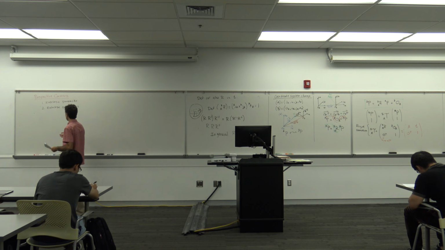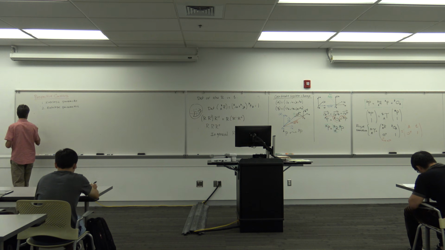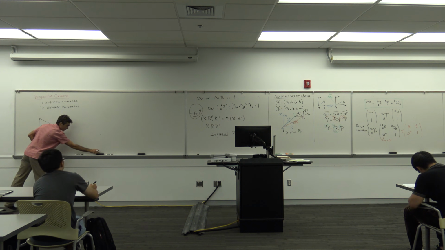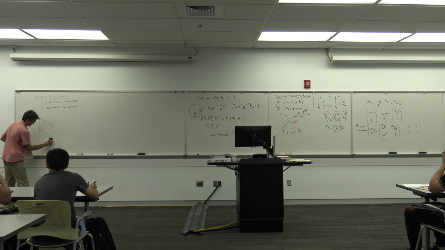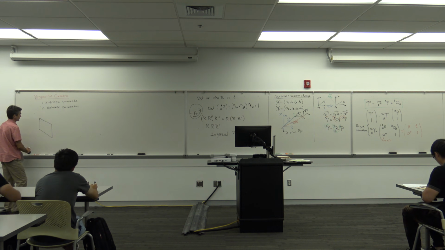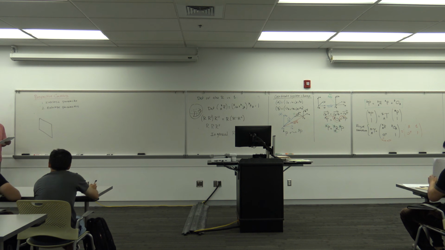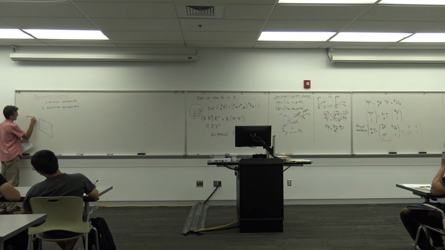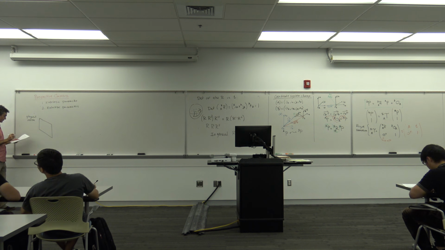Let's start with number one, intrinsic parameters. So, as always, let's think about a pinhole camera model. This is my image plane, or what we can call the physical retina of the camera.